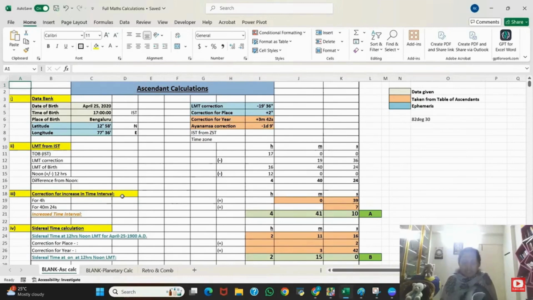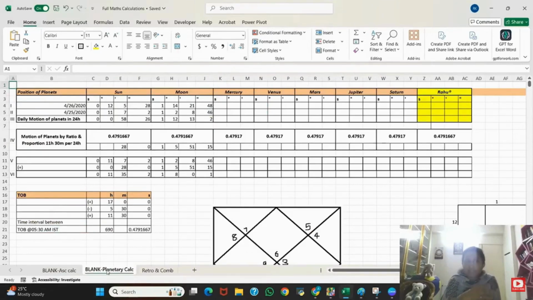Why? Because in this book, whatever timings or degree notations are given for all the planets, they are given based on UTC time of 0 hours, or Indian Standard Time of 5 hours 30 minutes. So that's the reason we have to bring it 5 hours 30 minutes lesser than that.